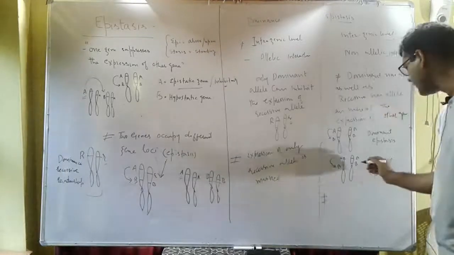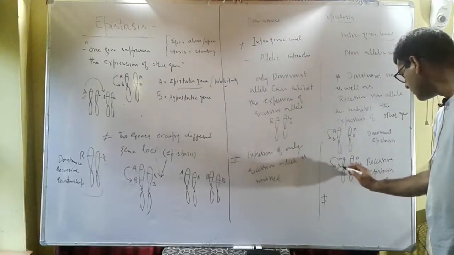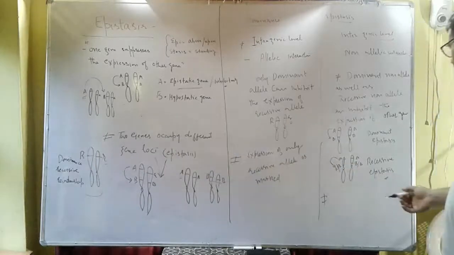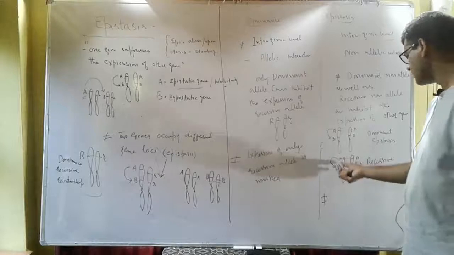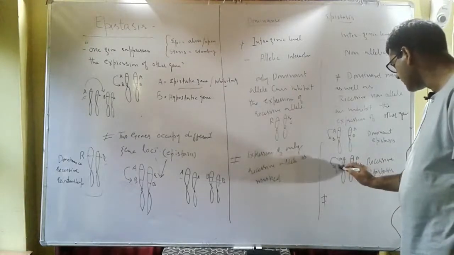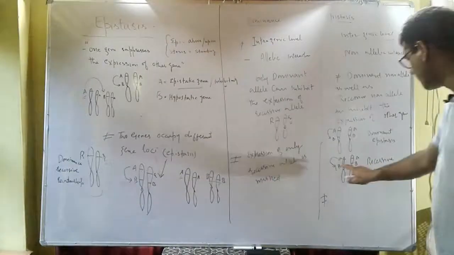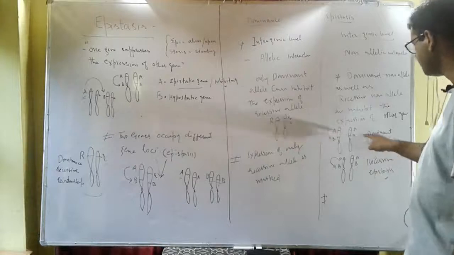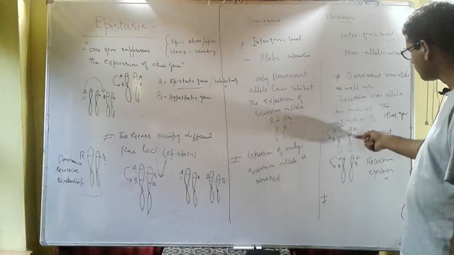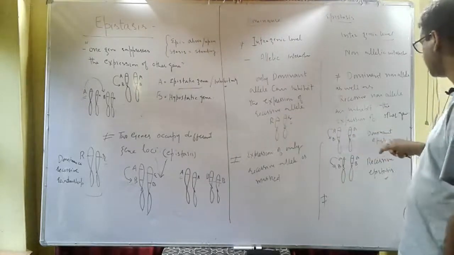So here it can be small b, and it can be small b here also. That means in epistasis, the expression of both the dominant allele as well as the recessive allele can be suppressed.